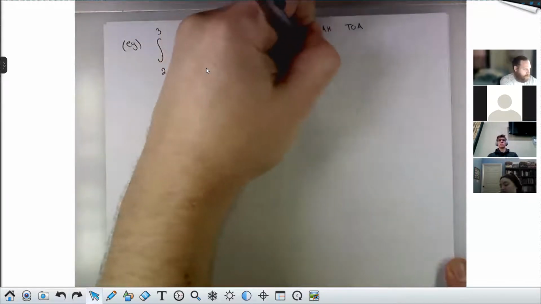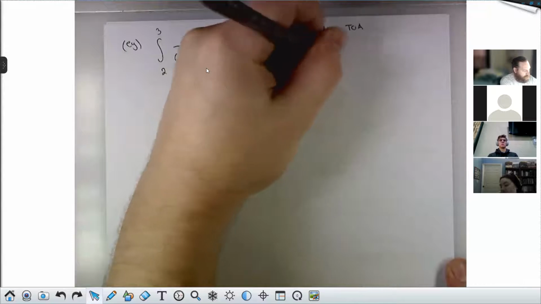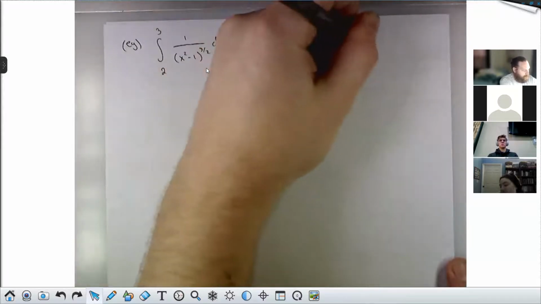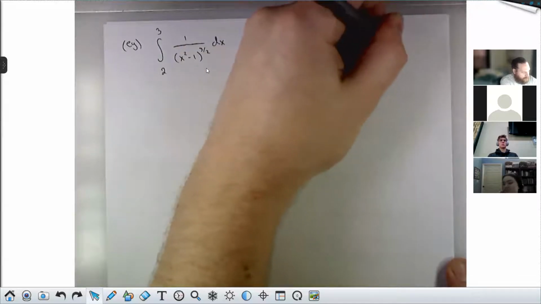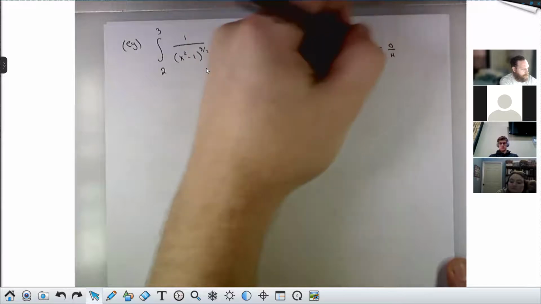So if I label this angle in here as theta, and these as the adjacent, opposite, and hypotenuse, then sine of theta is O for the opposite over H for hypotenuse. I usually write op and hyp, but either one is fine.